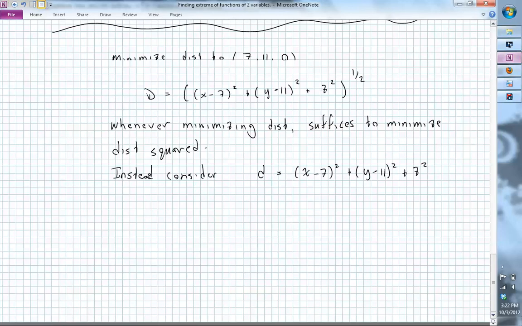Now, a strong hint that you're not ready to minimize yet is the presence of 3 variables. In this class, in this section, we're only minimizing functions of two variables. So there's too many variables, for lack of a more technical reason. How do I get rid of one of those variables? I introduce the constraint.